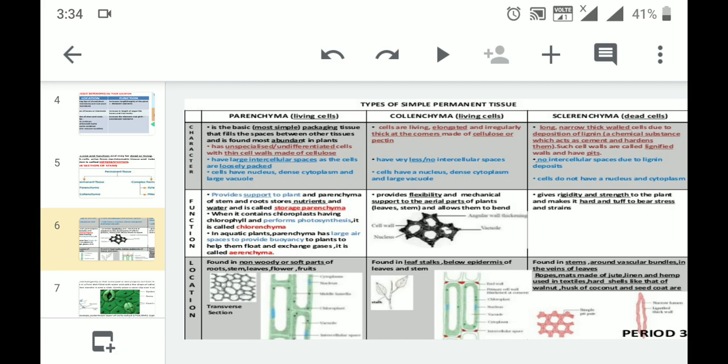Parenchyma provides support to the plant, and parenchyma of stem and roots that stores nutrients and water is called storage parenchyma, whereas collenchyma provides flexibility and mechanical support to the aerial parts of the plants. Sclerenchyma gives rigidity and strength to the plants.